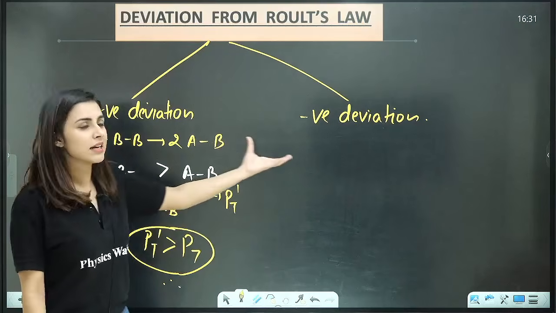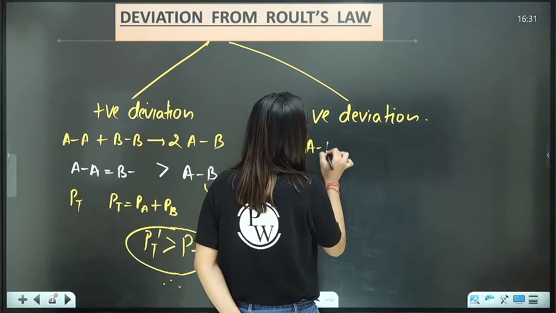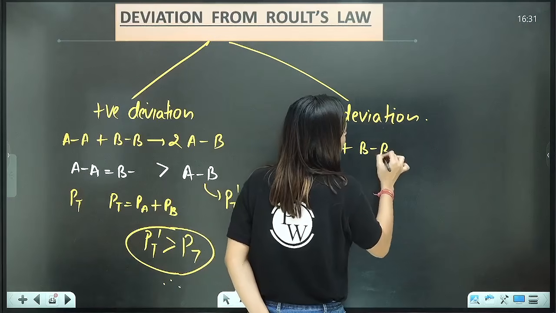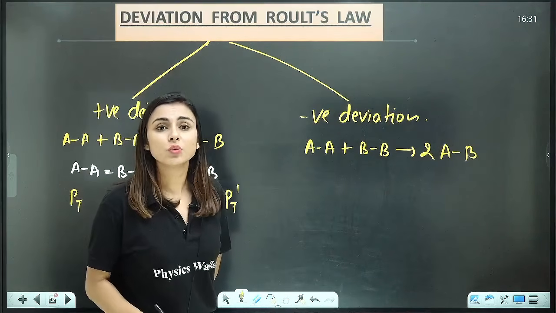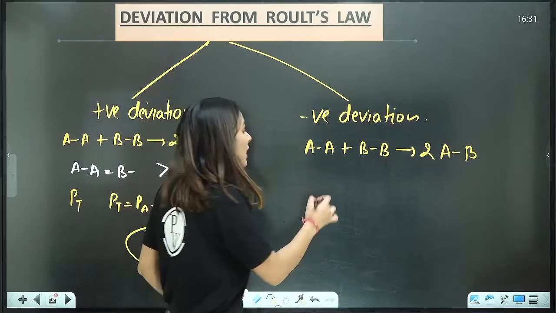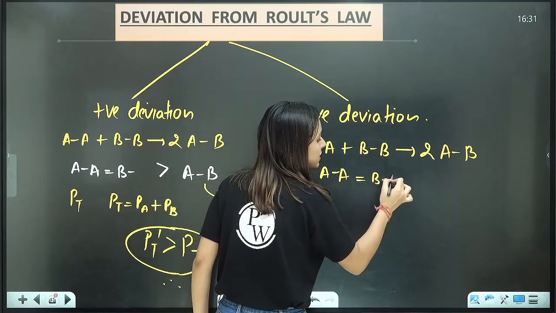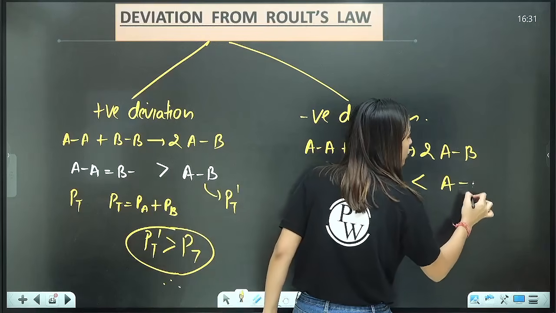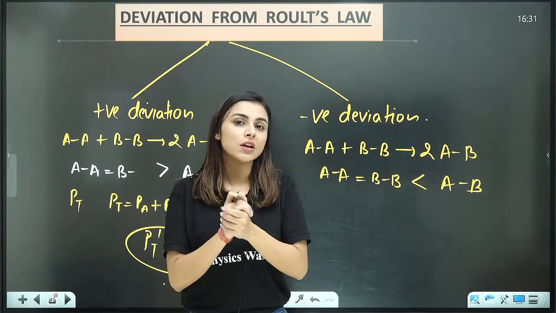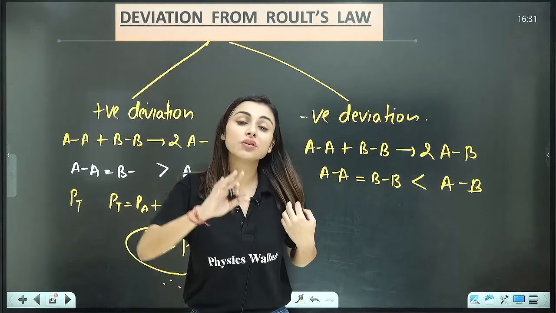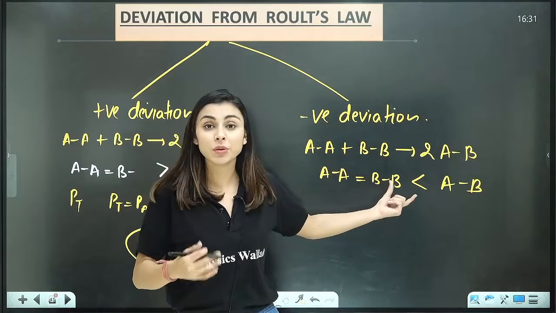Similarly, now you can understand the negative deviation also. What will be negative deviation? Again, AA plus BB will give you 2AB. Now what will happen? AA interactions will be equal to BB interactions, and the interactions later would be stronger. Now, if later interactions are stronger, then what can you say? That the pressure which you calculated according to the ideal solution, the pressure here will be less.